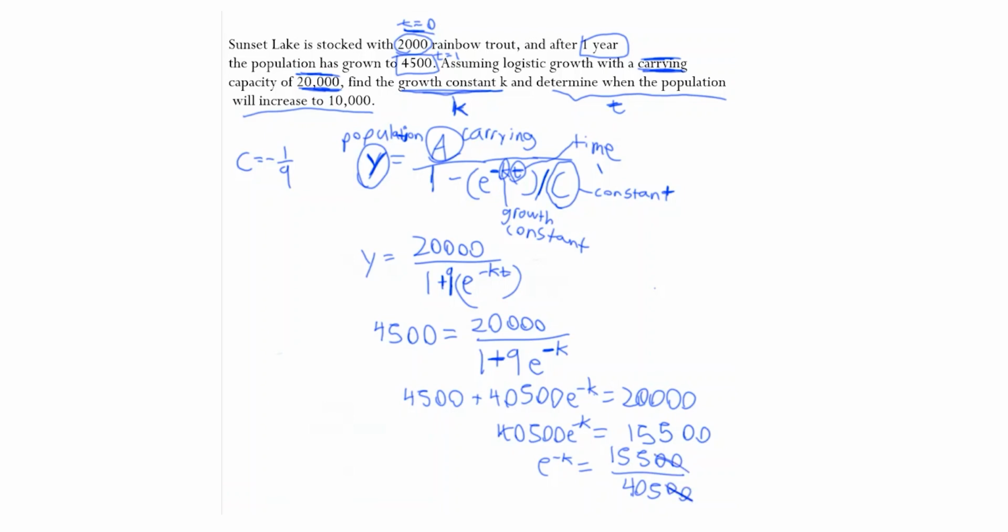The zeros can cancel out, and then we can simplify this some more. And that's 31 over 81.